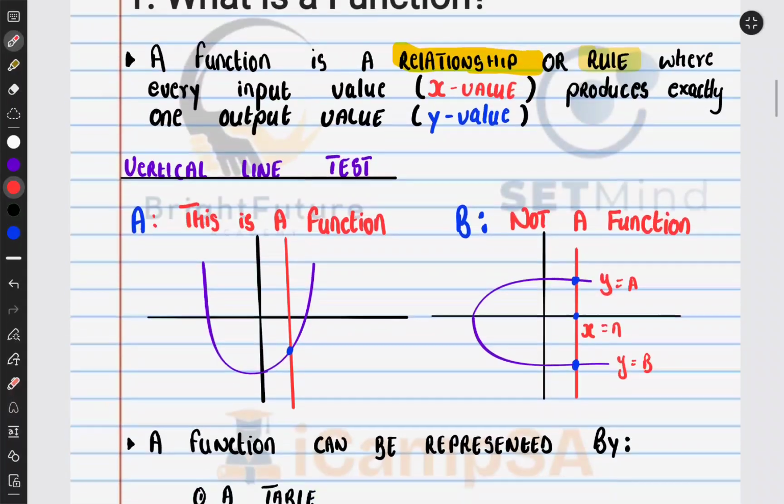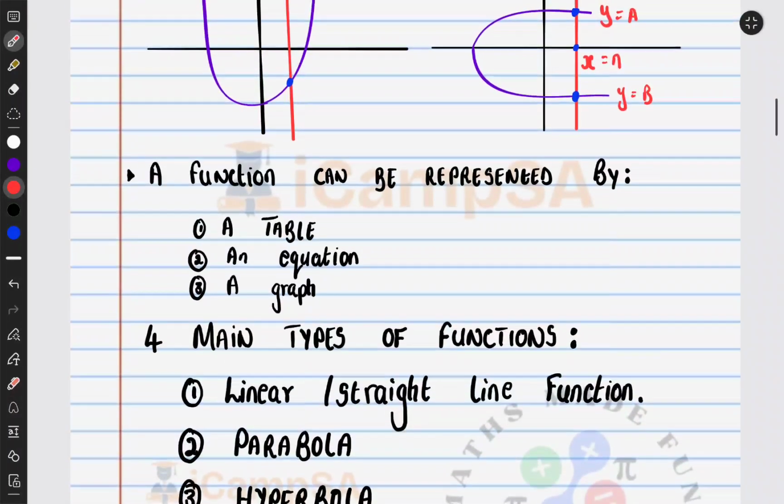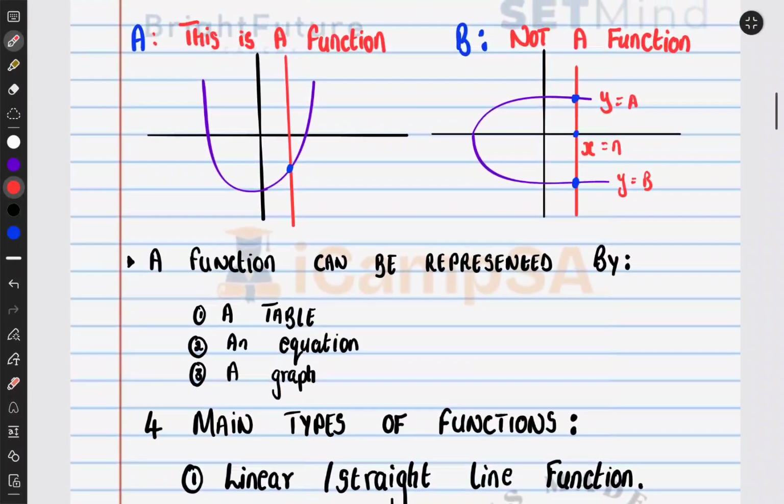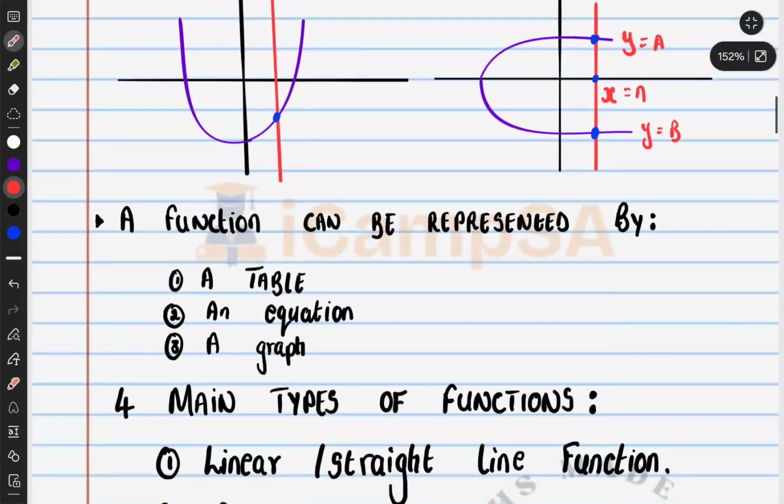A function can be represented by a table, which I believe you've done in grade 8 and grade 9. A function can also be represented by an equation.